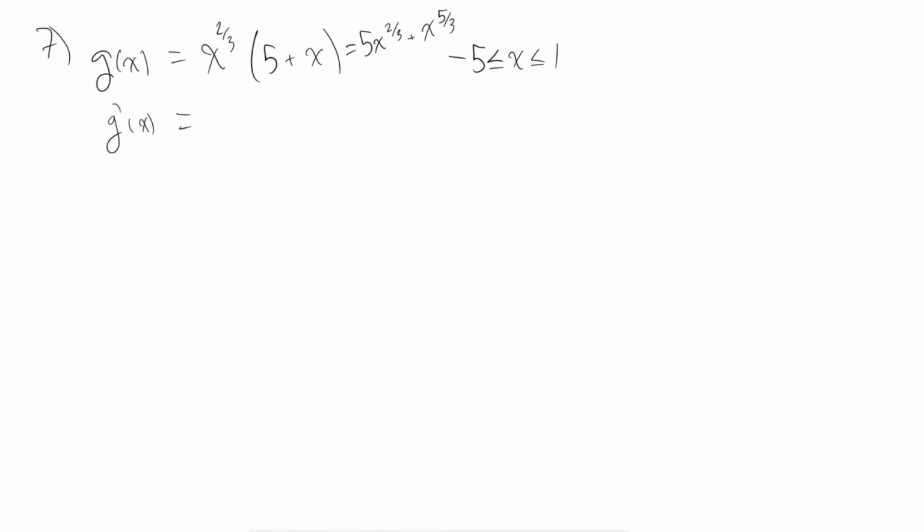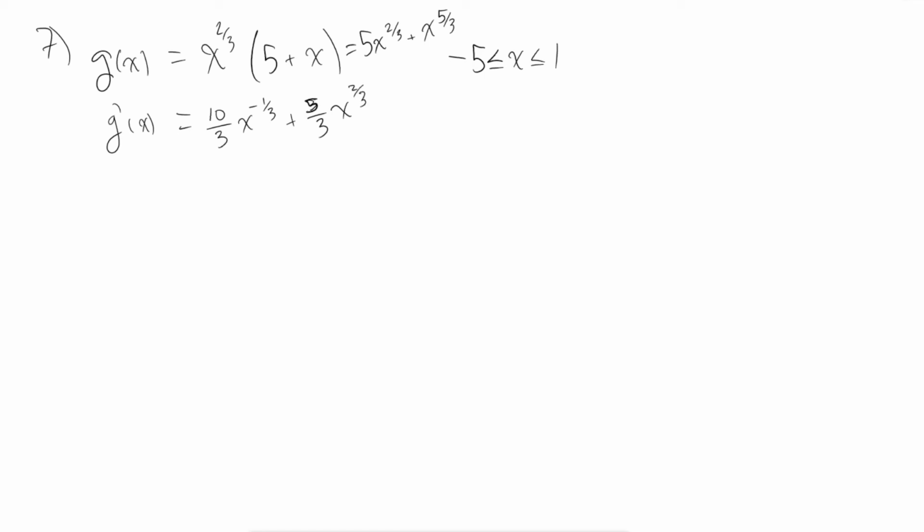So the derivative, we have 2/3 times 5, which is going to give me 10/3 x to the power of negative 1/3, plus 5/3 times x to the power of 2/3.